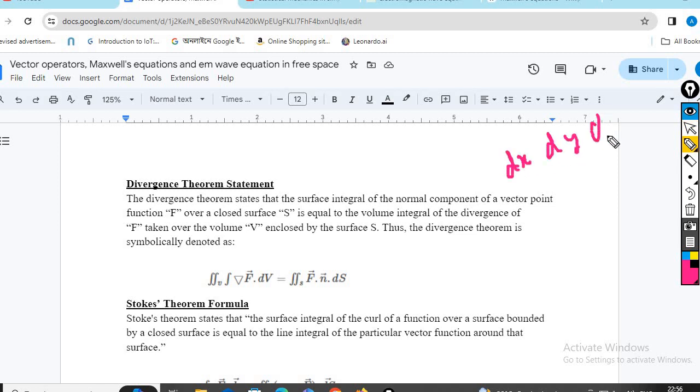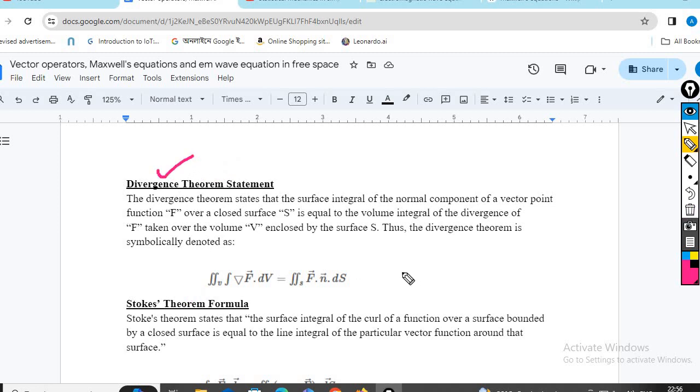One can refer to one dimension, two dimensions, or three dimensions depending on the system, as I have just mentioned. Now there are two important theorems, two important statements, which help us simplify our mathematical problems. The first one is known as the divergence theorem.